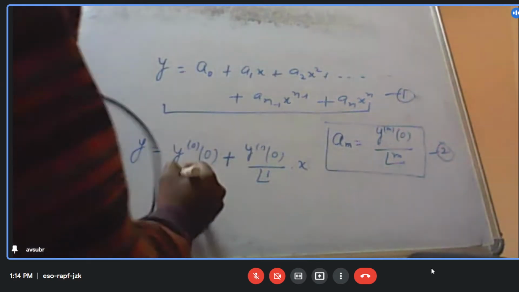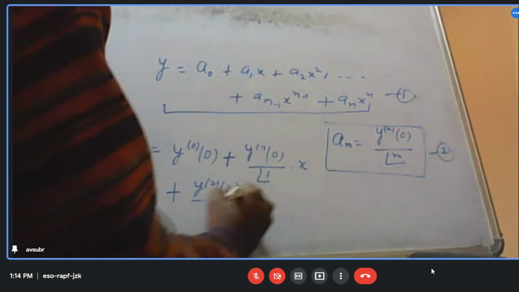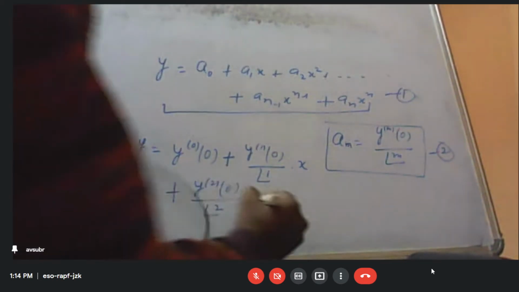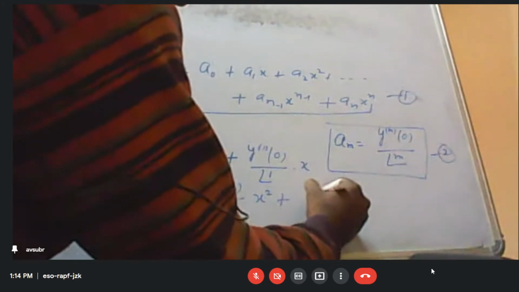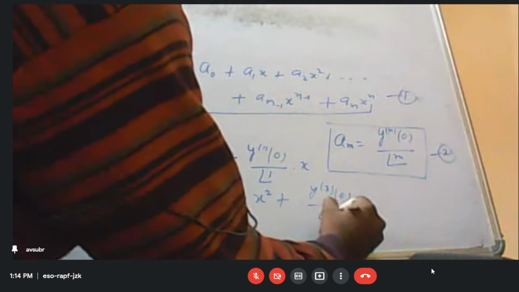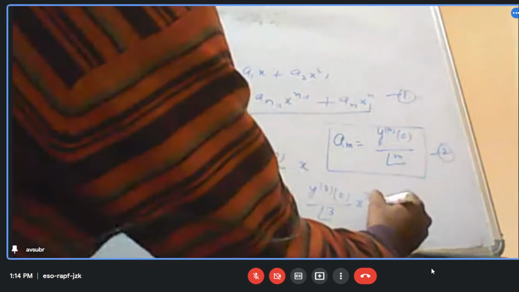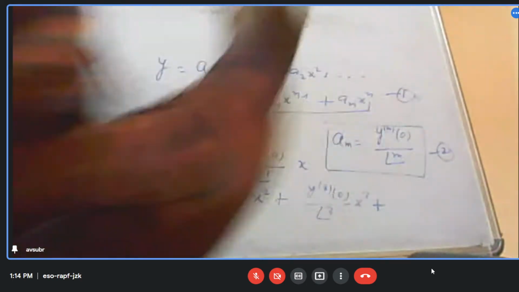Plus next, tell me, what will it be? y2 at 0 by factorial 2 into x square, plus and so forth.